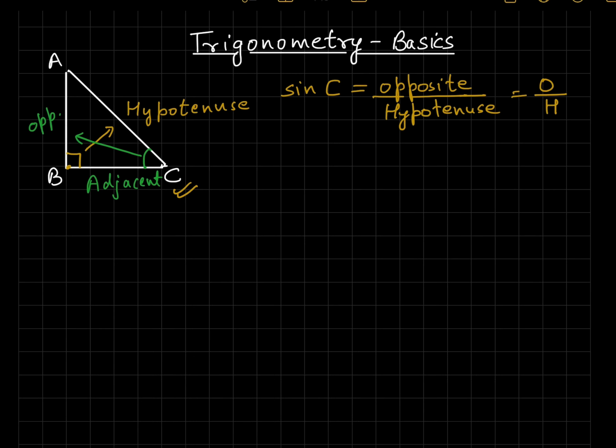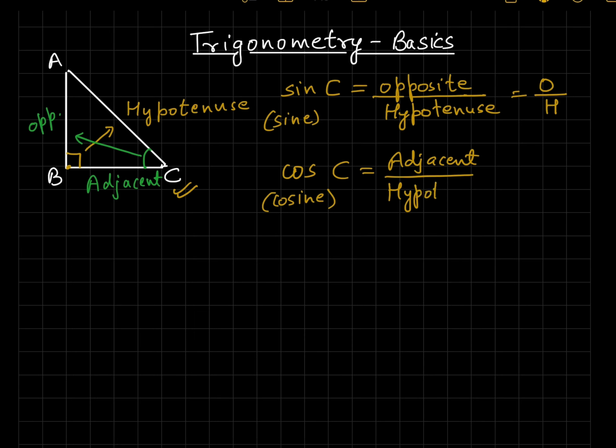Then we have another ratio, cosine. The full form is sine, and this is cosine. Cosine of angle C would be the ratio of adjacent side over hypotenuse. That is my cosine of the angle. We write it as capital A over hypotenuse.